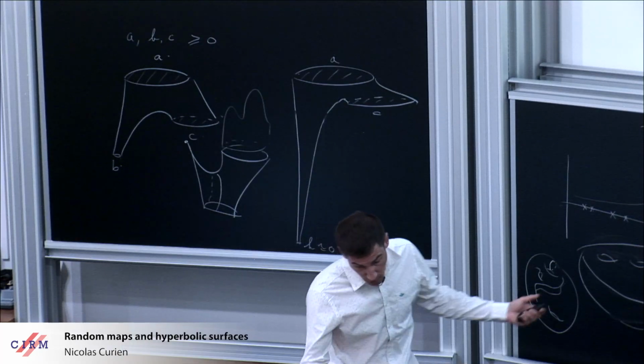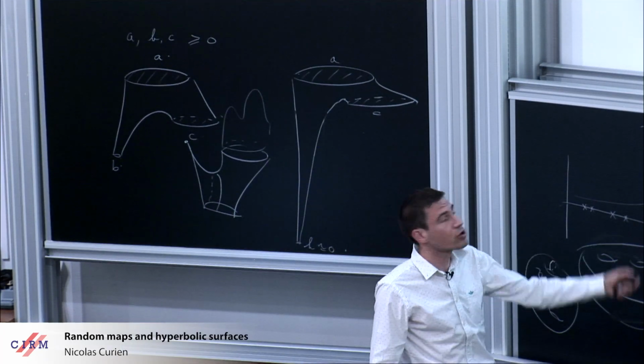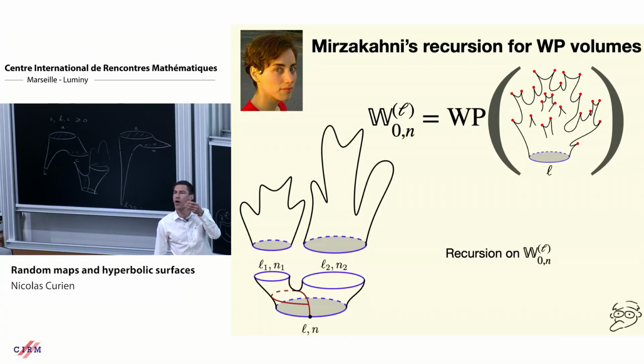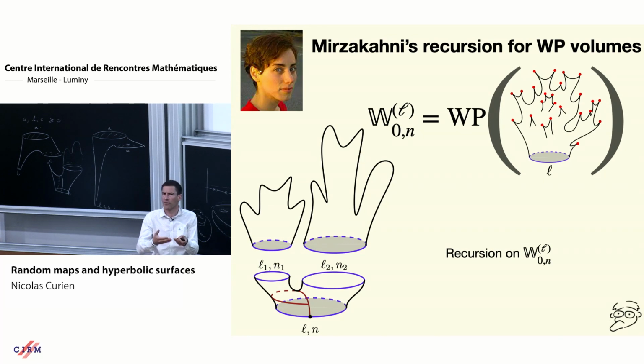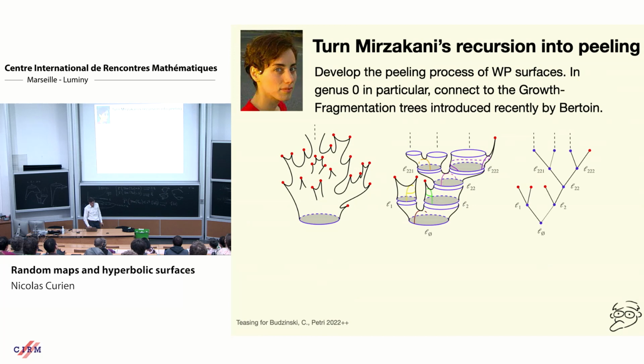Okay? Well, the same. This leads to a recursion on Weil-Petersson volumes. Again, the recursion is easy to see from this picture, but solving the equation, to my knowledge, is not done in full generality. But then you have the equivalent of Tutte's equation, so let's implement the same thing as we did for planar maps.